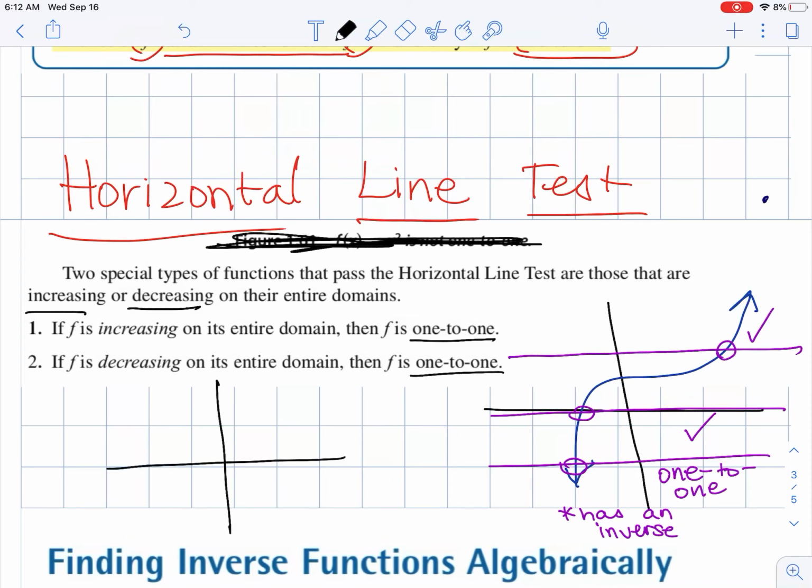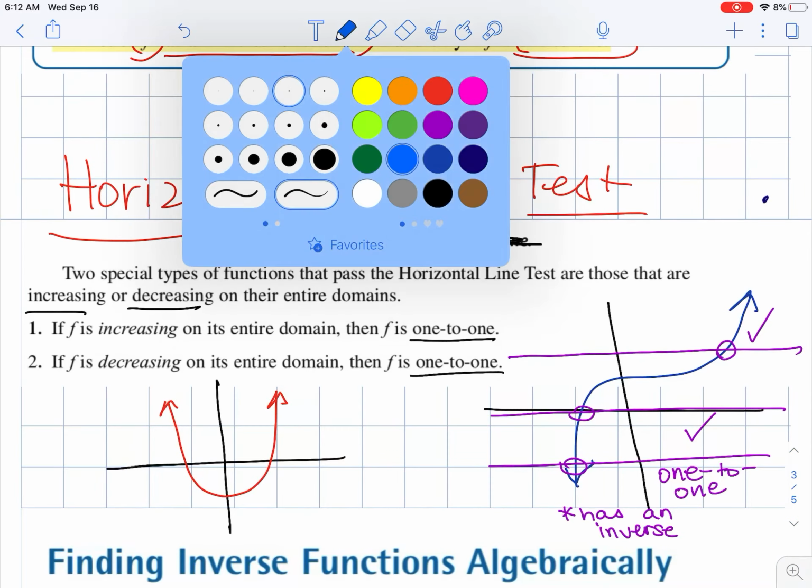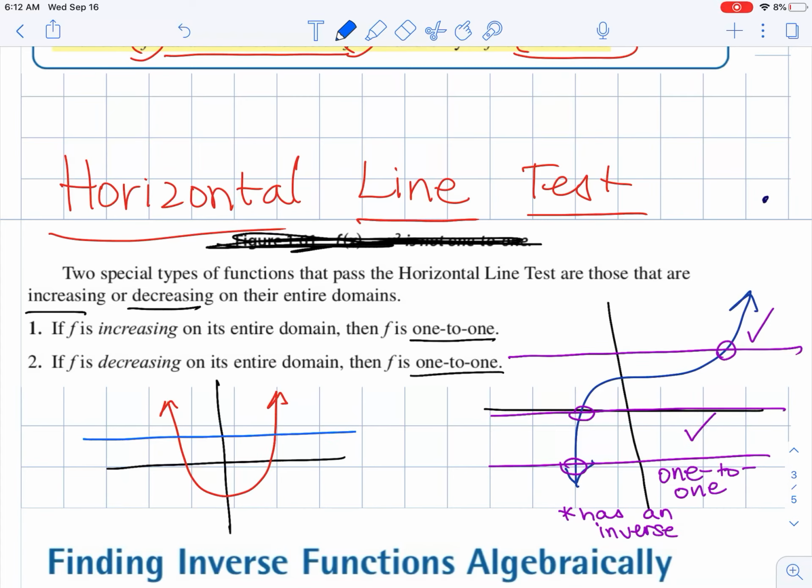Let me show you one that wouldn't pass the horizontal line test. So if I had a function like this, like our parabola that we've been working with, if I did the horizontal line test, it hits twice, which means it does not pass.